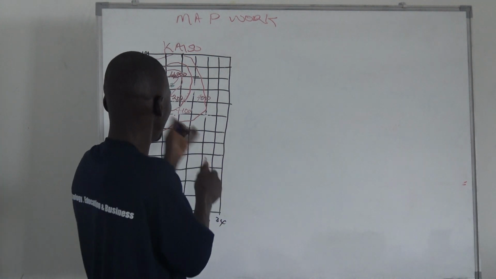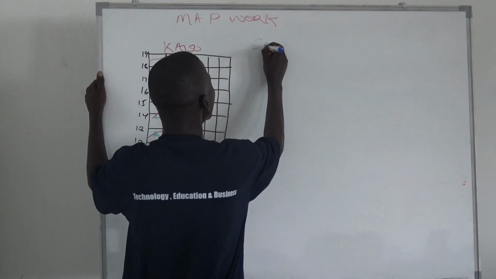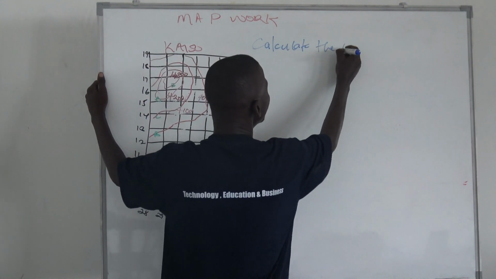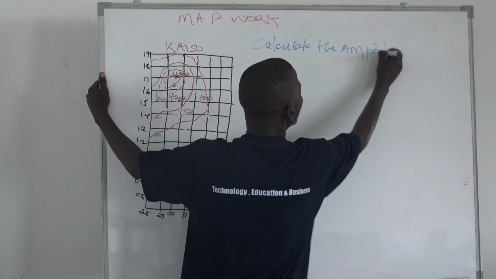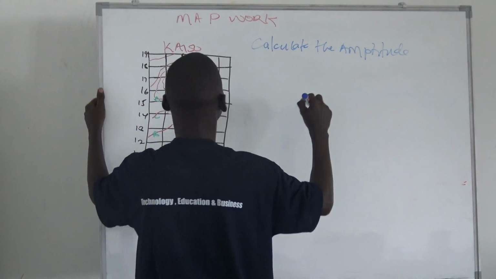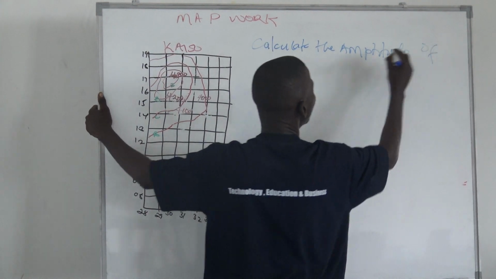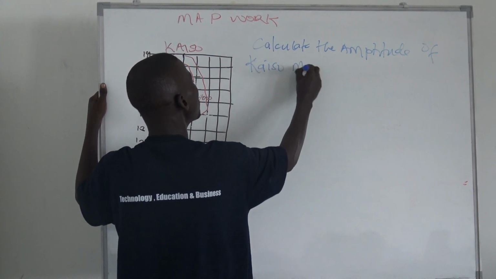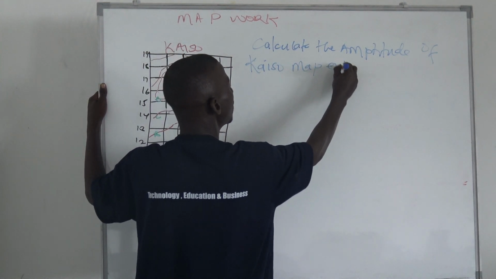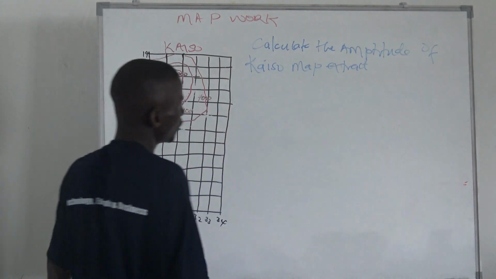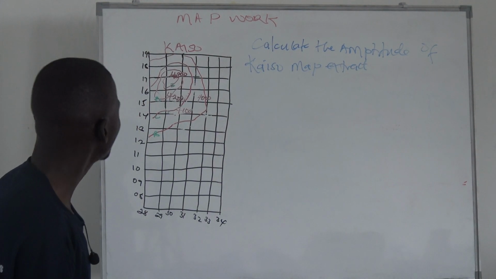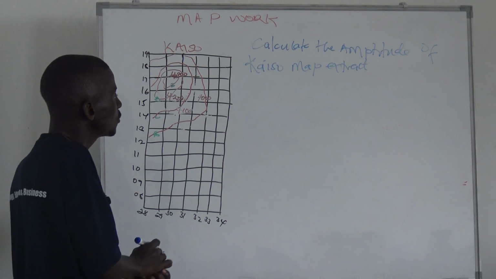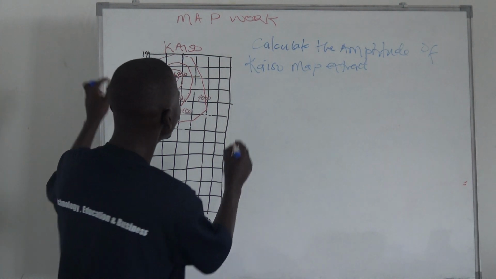Let us look at how to calculate the amplitude of a map extract. The amplitude is got by the difference.